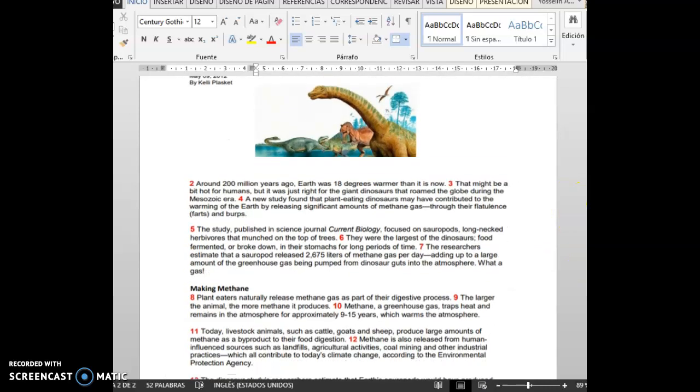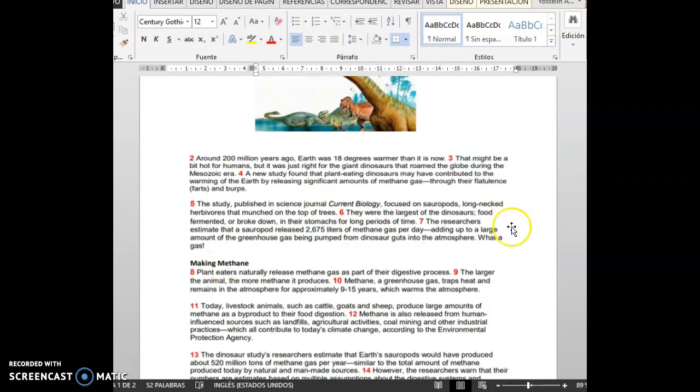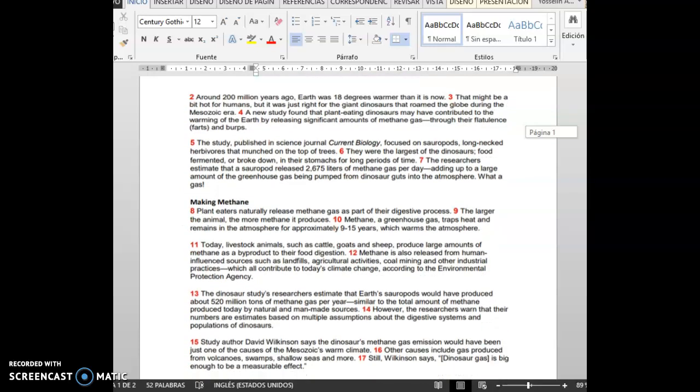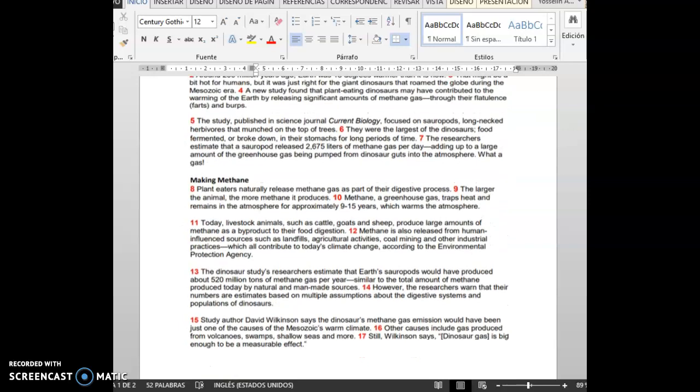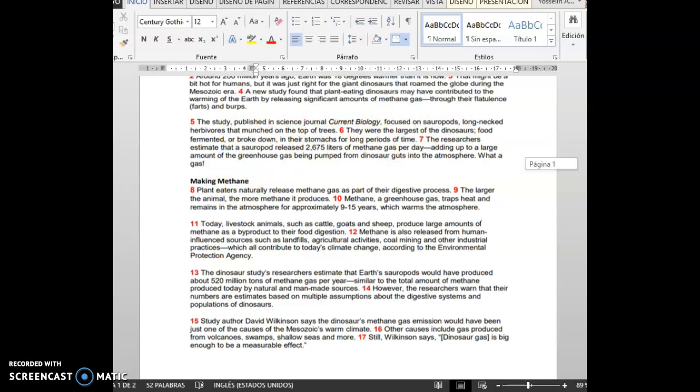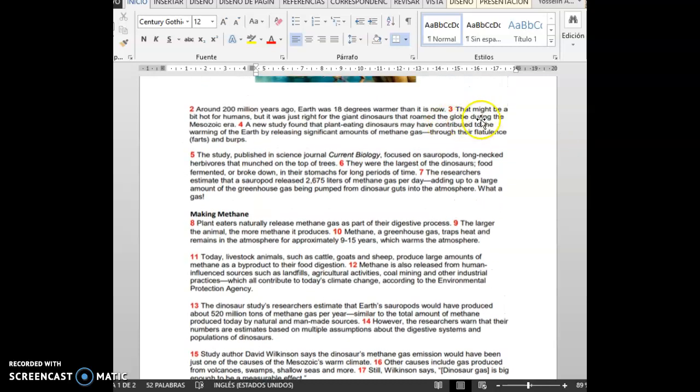Why? What is this reading about? That is a question that is really important. Let's do skimming and scanning here.